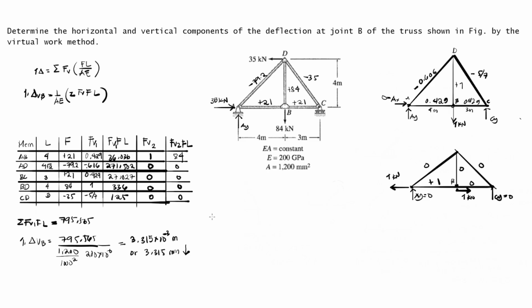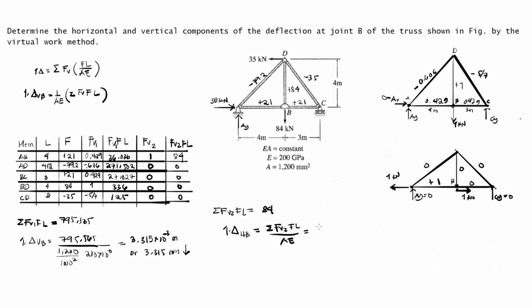Okay? So, ang summation, FV2F times L is equal to 0. Ay, sorry. Hindi pala 0. 84. Yeah. So, para makuha natin yung delta for horizontal deflection at point B, HB, is equal to the summation of FV2FL all over AE. Tama?